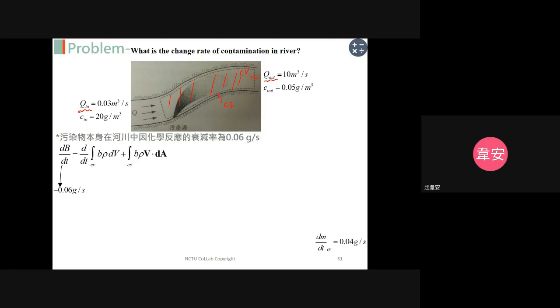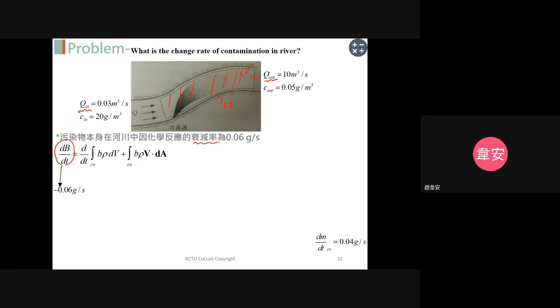Okay, and I tell you, there is a decay rate due to a chemical reaction, and it is 0.06 g per second. So in the closed system, the decay rate is minus 0.06 gram per second.